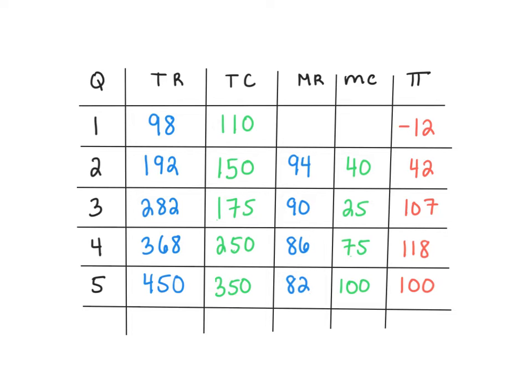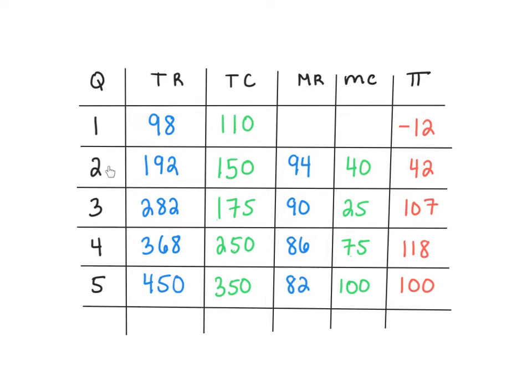Here we see a chart that has quantities from 1 to 5 and their associated total revenue, total cost, marginal revenue, marginal cost, and profit. When the firm produces 1 unit of output, it generates $98 in total revenue, incurs $110 in total cost, and so makes a profit of minus $12.